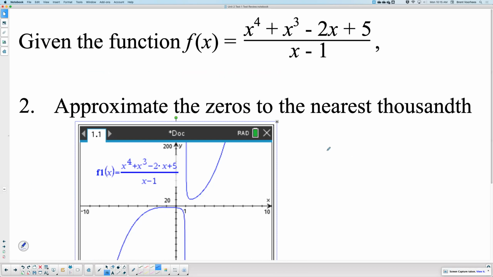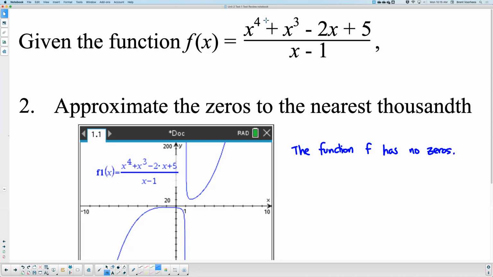No zeros. I'll use full language. The function f has no zeros. What that means is the numerator, you could not solve this equal to 0. It would not work out. Function f has no zeros. Remember, zeros come from the numerator.